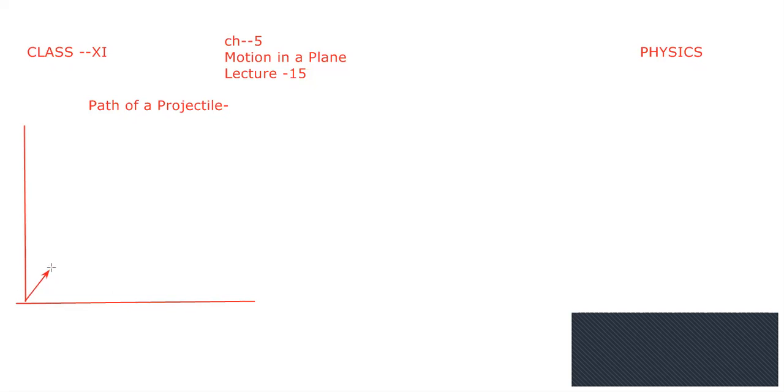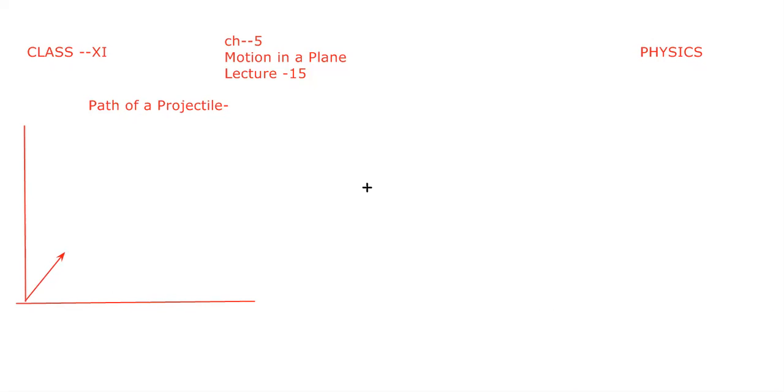So this is the projection speed. A body is projected at an angle theta. What will happen to the body? In the previous lecture, we know that the body will move in a projectile path.